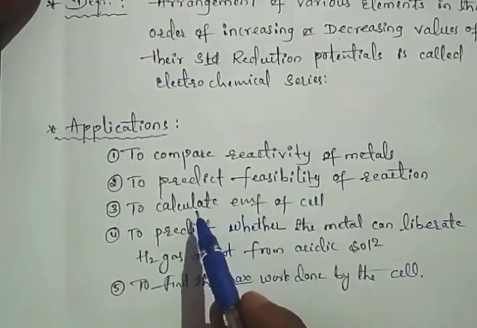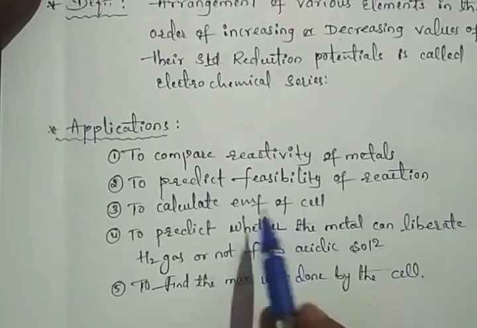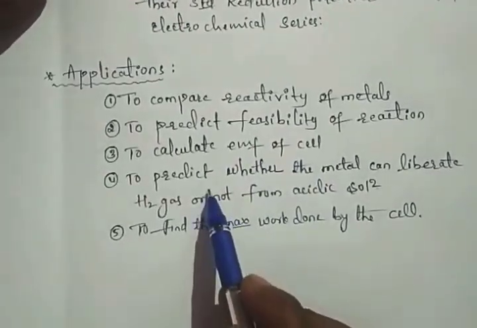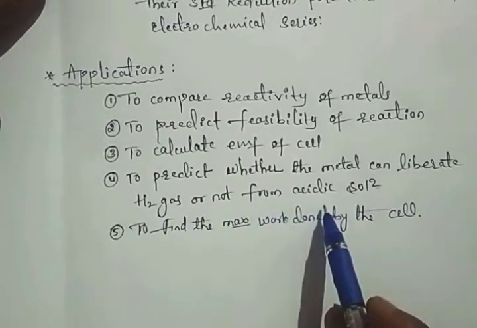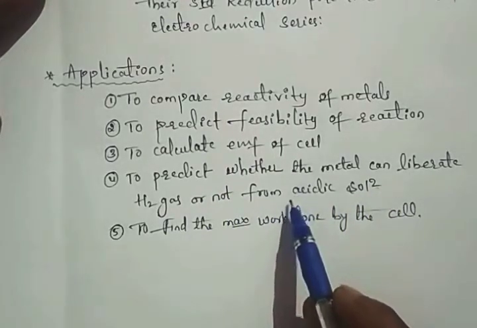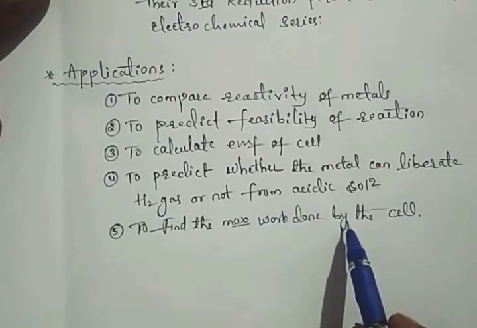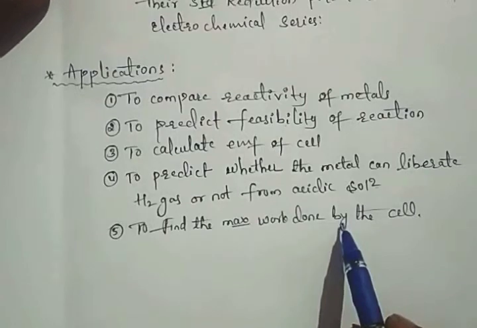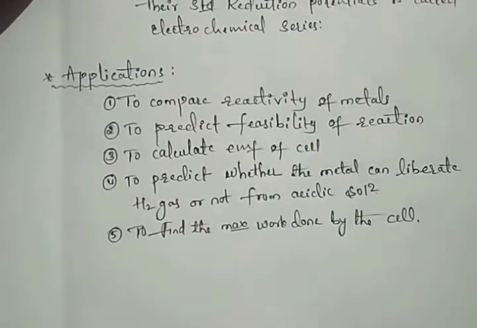By knowing the electrode potential we can calculate the cell potential or EMF, to predict whether a metal can liberate hydrogen gas from an acidic solution when dipped in it. We can also find the maximum work done by the cell by knowing the standard electrode potential. Now we will discuss these applications.